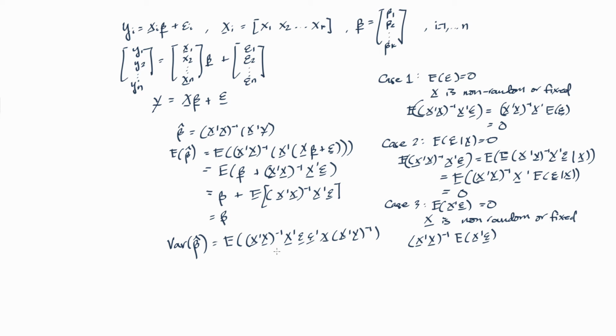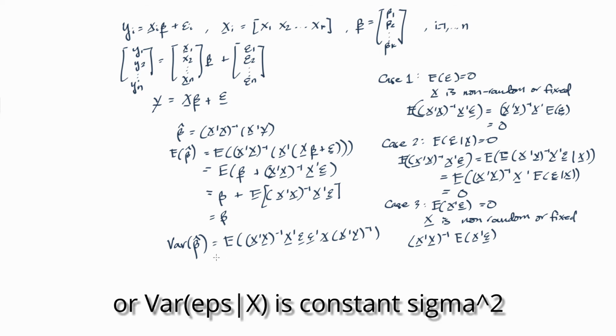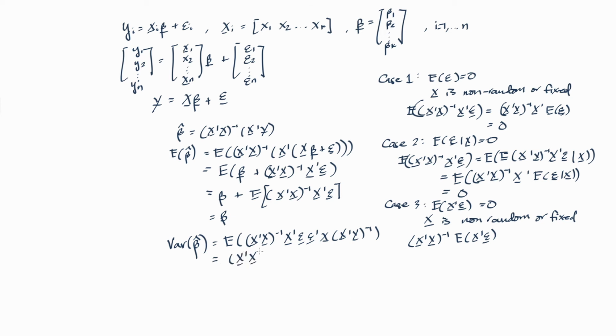In this case, we need the assumption that X is non-random so that we can factor X out of the expectation operator. So we'll have (X prime X) inverse X prime, expectation of epsilon epsilon prime, times X (X prime X) inverse.